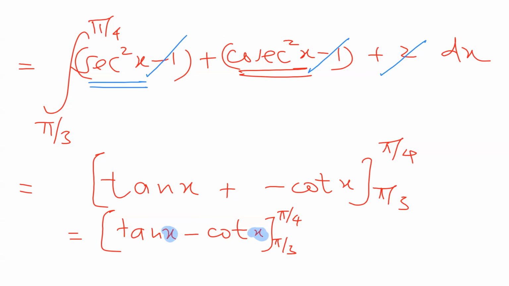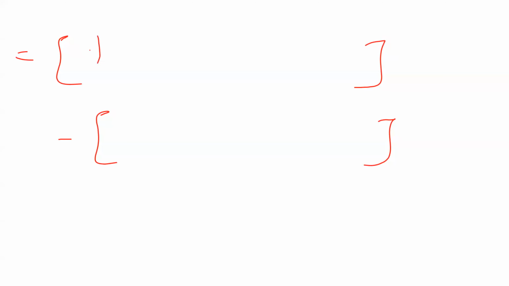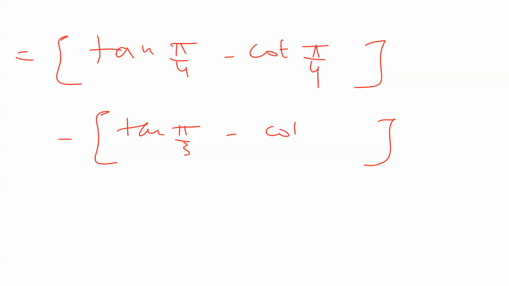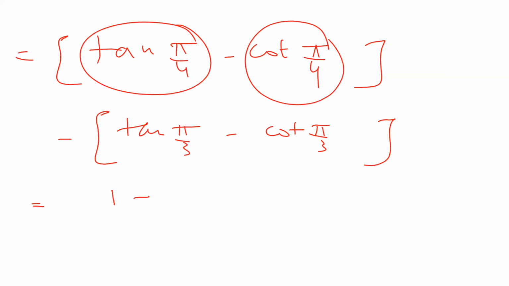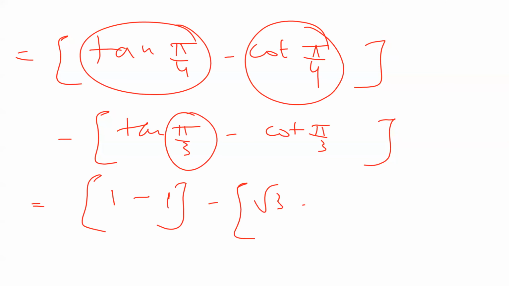So tan pi by 4 minus cot pi by 4. In the second box, I'll write tan pi by 3 minus cot pi by 3. So tan 45 is 1, cot 45 is also 1, minus tan 60, which is root 3, and cot 60, which is 1 by root 3.